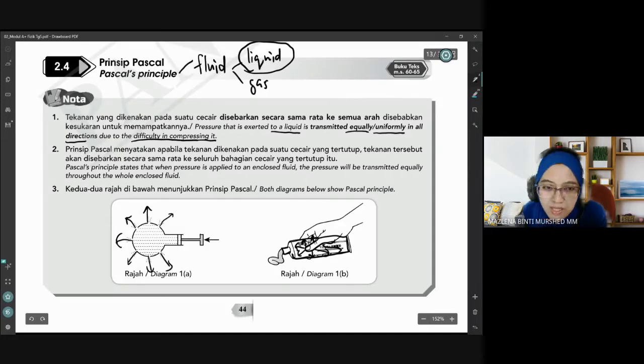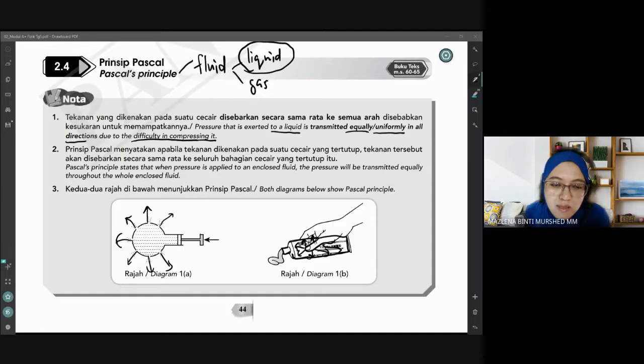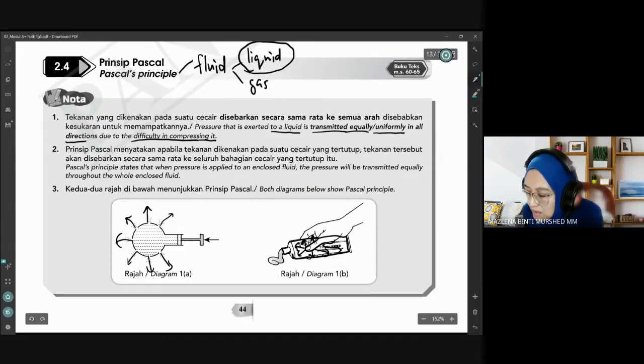The pressure exerted around the liquid are equal. So tekanannya sama. Kalau awak perhatikan dia punya pancutan air adalah seragam. Sama velocity-nya, sama banyak, sama apa lagi, size pancutan pun sama, meaning that the pressure transmitted are equal. Dengan syarat apa?